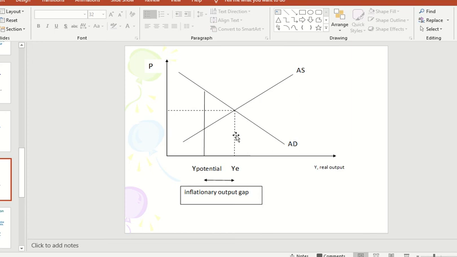This is the macroeconomic equilibrium, the equilibrium output level, which is often assumed to be the current output. You can see that the current output exceeds the potential output level. So we have an inflationary situation. The difference between these two is called the inflationary output gap.